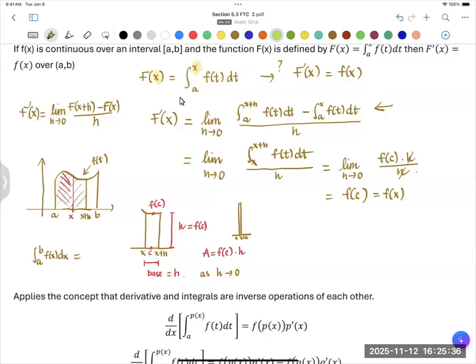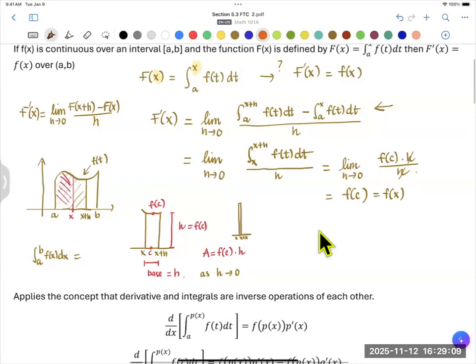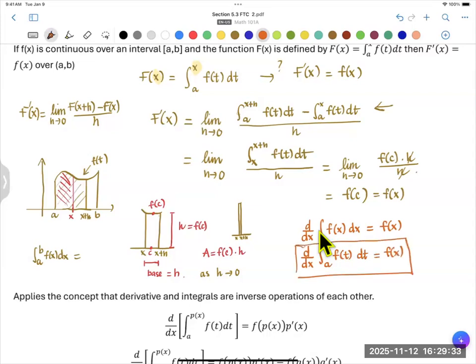If you take the derivative of the integral, you get back the original function. Which means the derivative of the antiderivative from a to x of f(t) dt will be f of x. This is the fundamental theorem of calculus part 1.